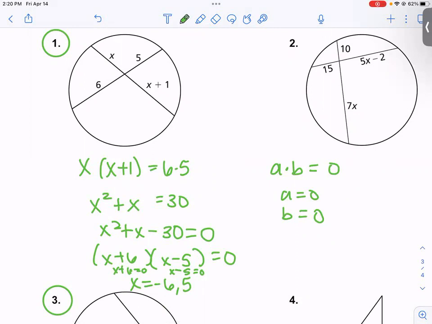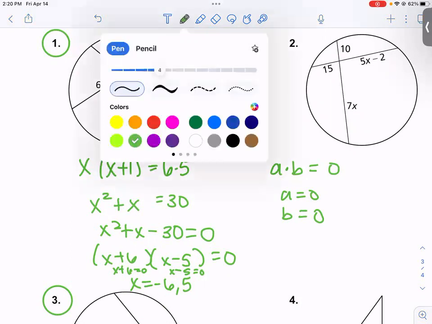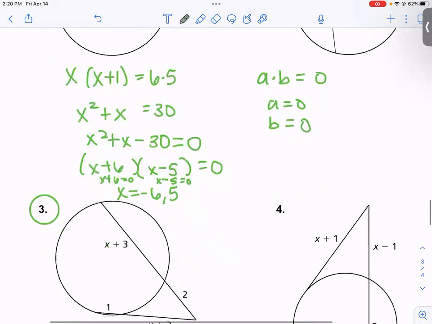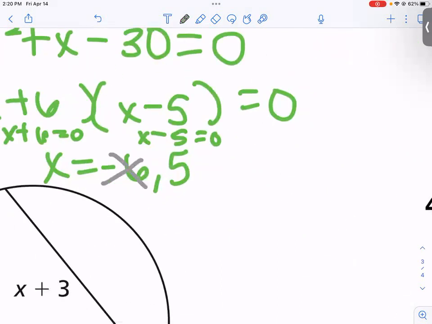Oh, wait, so does it have to be 5? Can we have a negative segment length? No. Since this is X, we cannot have negative 6 as a segment length.